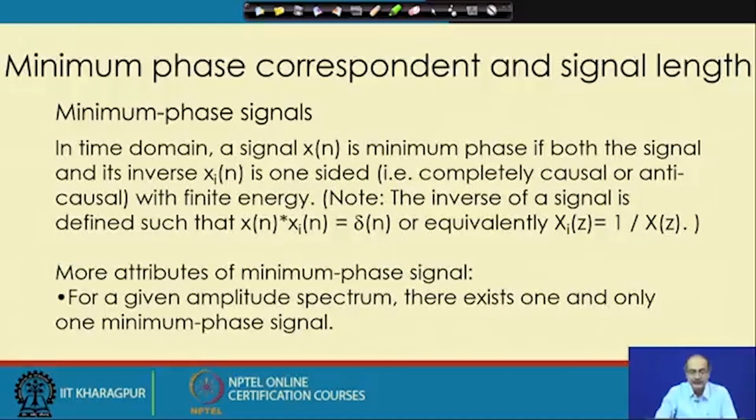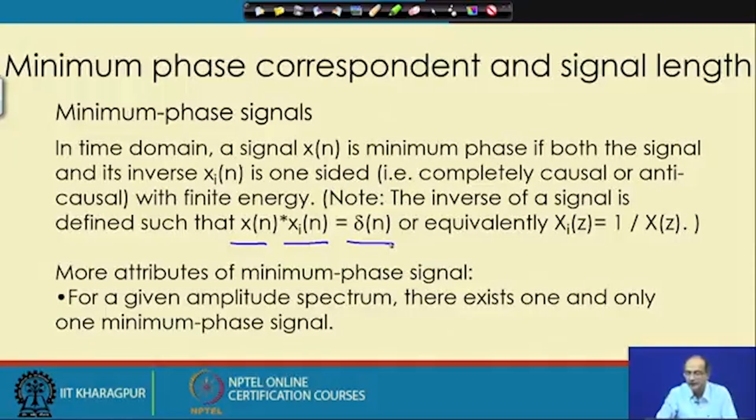And if it is anti-causal, then just the opposite happens. For n greater than 0, the value would be 0, and it has non-zero amplitude only when n is less than 0. In that kind of finite energy signal, the inverse of a signal is defined in this way: if we convolve x[n] with its inverse x_I[n], we get an impulse response.